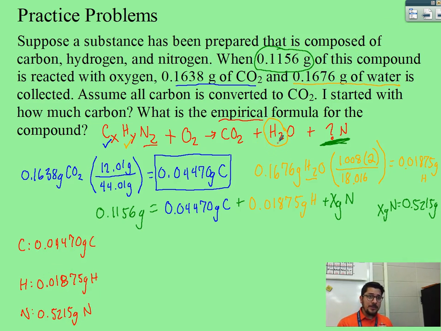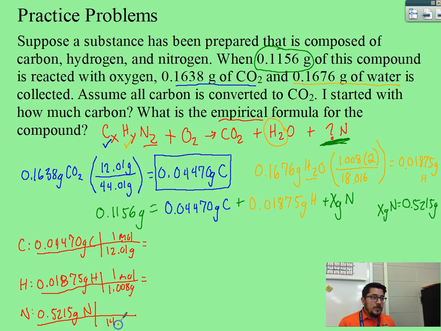Just like all the other empiricals, I'm going to divide them all by the molar mass and change it to moles. 12.01 grams equals 1 mole. This one, 1.008 grams equals 1 mole. And the last one, 14.01 grams is equal to 1 mole.